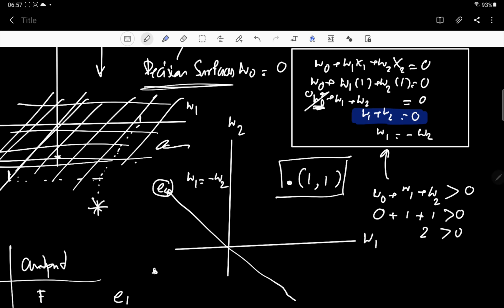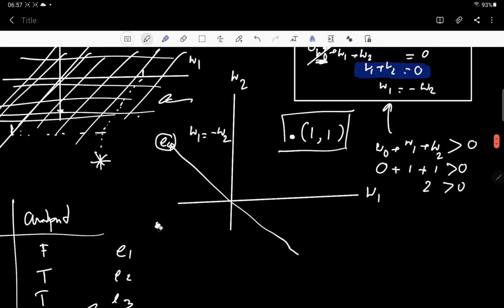And how about this one? If I select a point here, W1 is -1, so you can imagine that this one is 0, -1. Is it true? No, it's not true, so it's false.